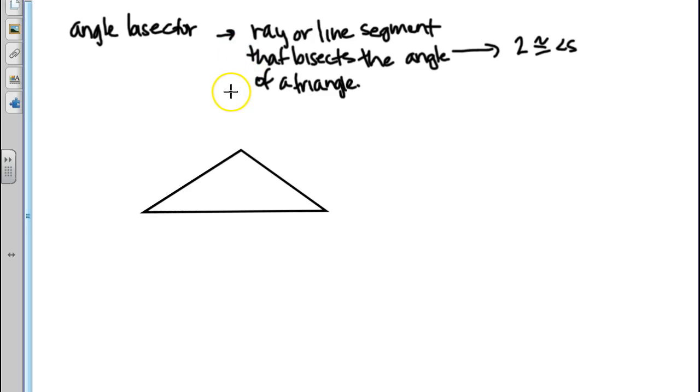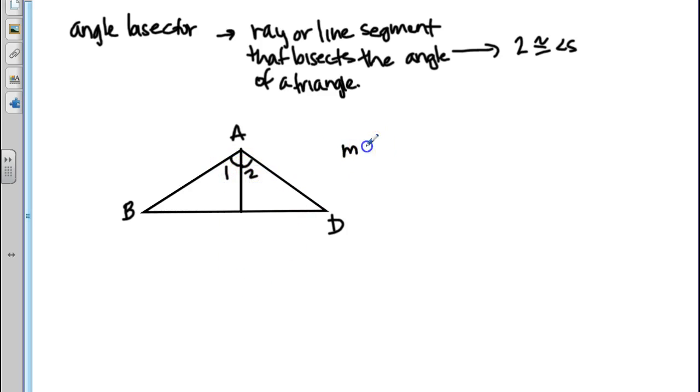All right, so let's say in triangle ABD, that this segment AC bisects angle BAD. So I have an angle bisector. So it bisects angle BAD, meaning those two are congruent to each other. This is angle 1 and this is angle 2.